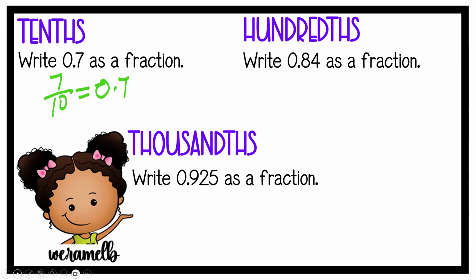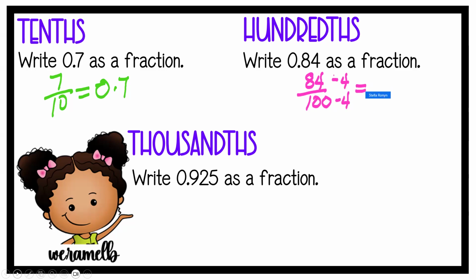Now let us see 84 hundredths, 0.84. So if we write that, 84 hundredths. Got it? Now, can you simplify that fraction? What goes into 84 that also goes into 100? It is 4, so we will divide the numerator and the denominator by the GCF of 4.